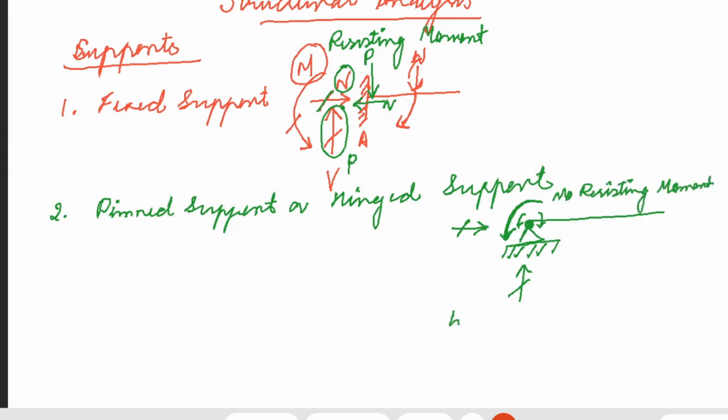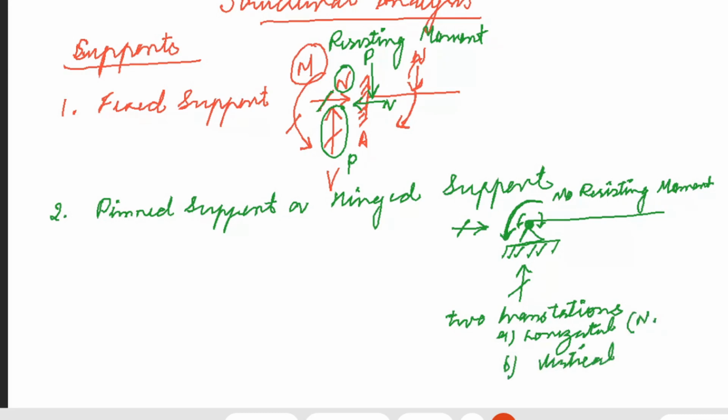Only you will have two translations. One will be horizontal, which you can call the normal force, and the vertical one will be the shear force.